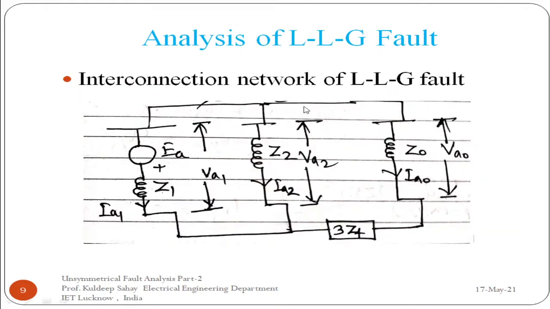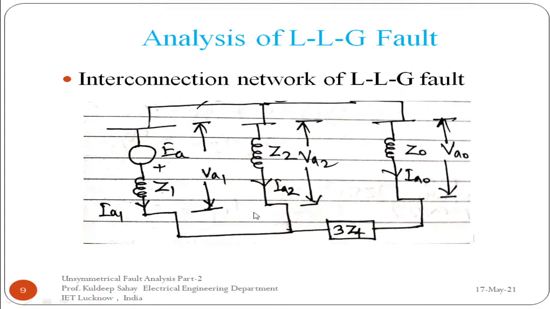So this suggests that all three sequence networks are connected in parallel, but before connecting the zero sequence network with the positive and negative sequence networks, we have to introduce 3ZF in between, with Z0 and Z2. So that is very clear.